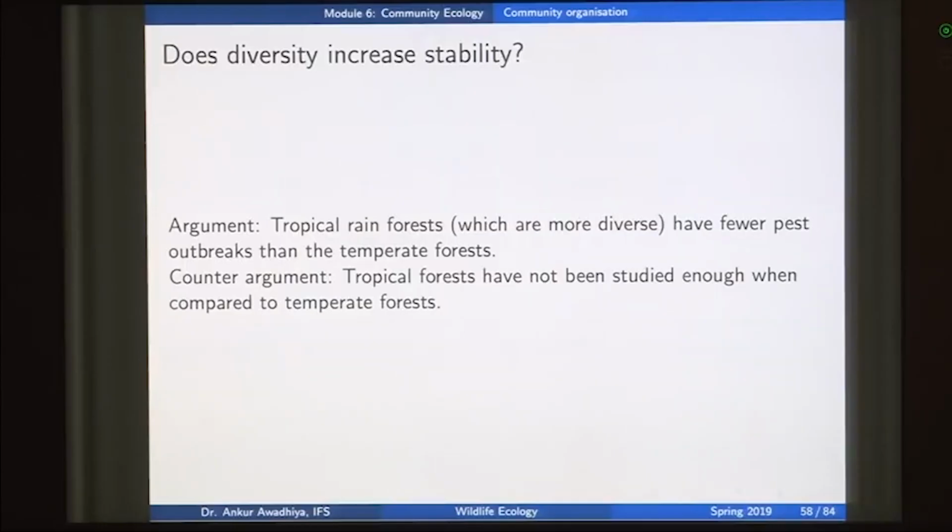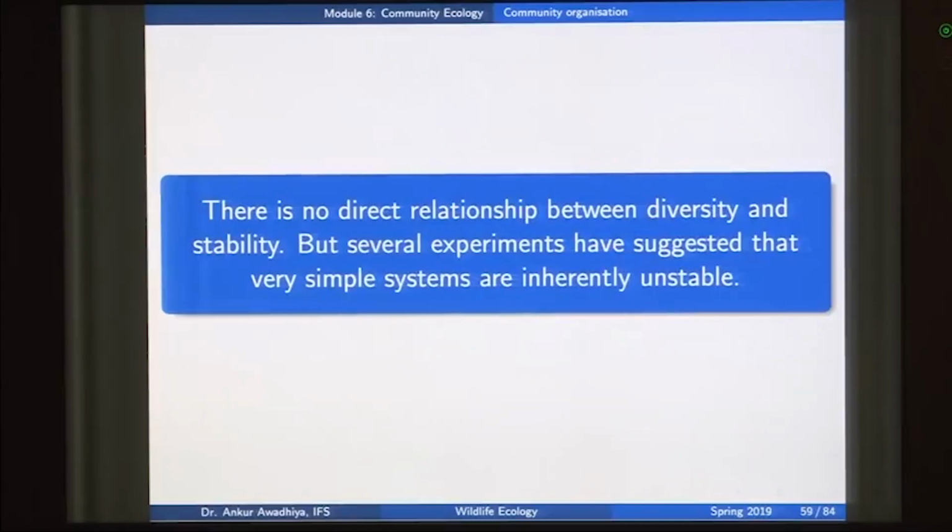Now, if that be the situation, what should we say? Does biodiversity increase stability, or is there no relationship between biodiversity and stability? Well, the current knowledge would say that yes, we have seen situations in which if you have a very simple system, then there is an inherent amount of instability in that particular system.